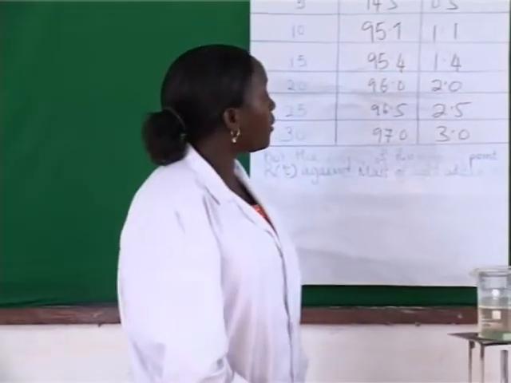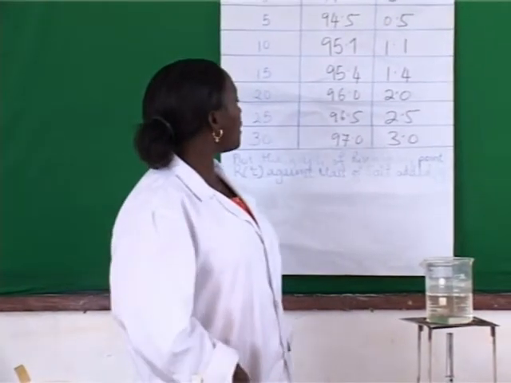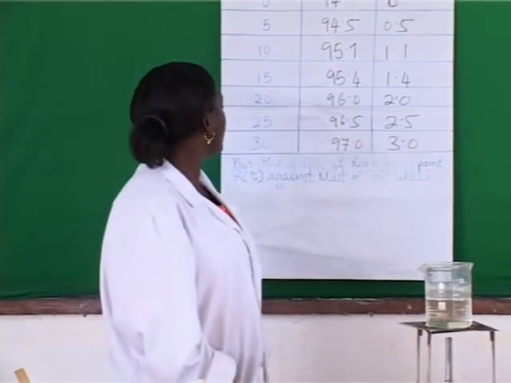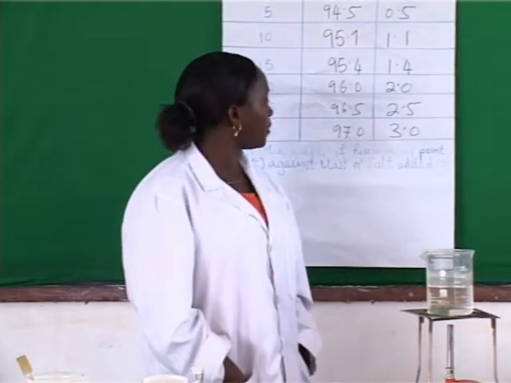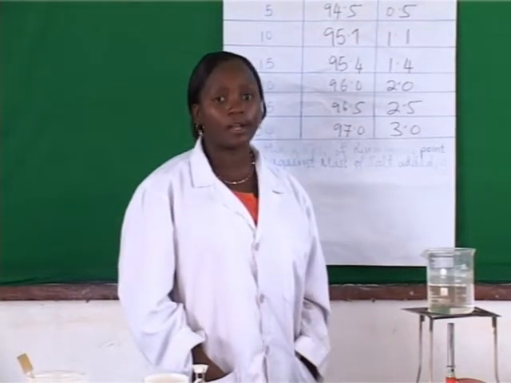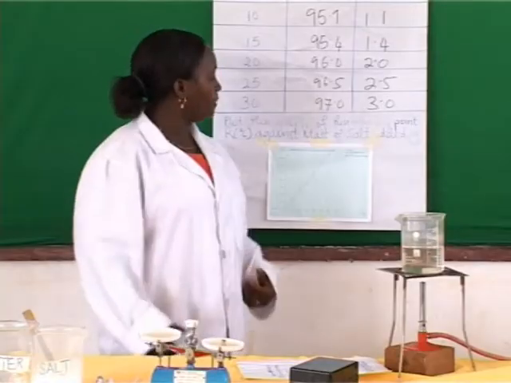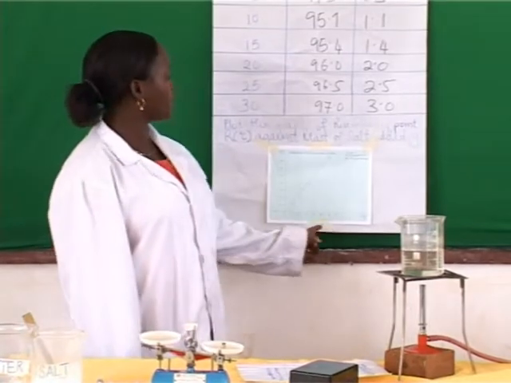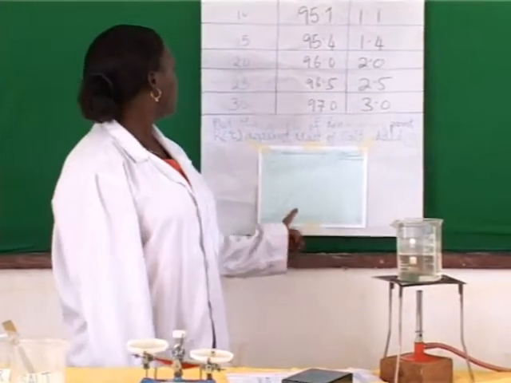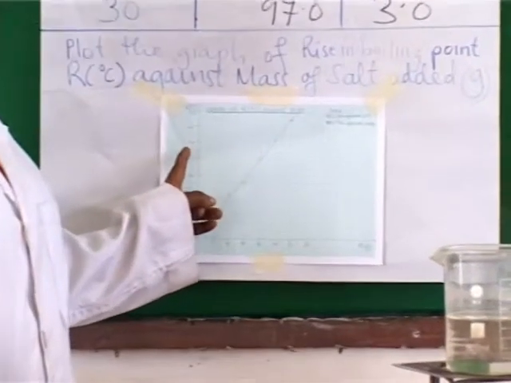From the table of results, plot the graph of rise in boiling point, R in degrees centigrade, against mass of the salt added in grams. The graph is a straight line, which indicates that as you increase the mass of salt, you increase the boiling point of water.